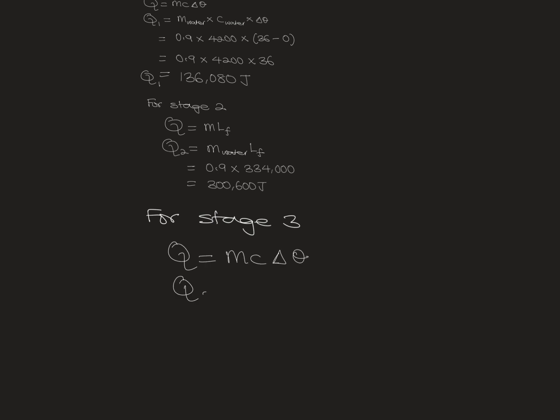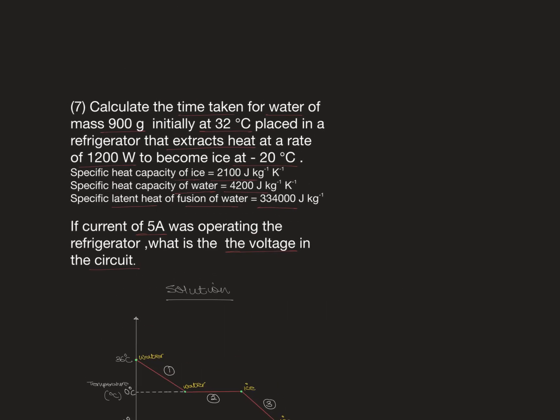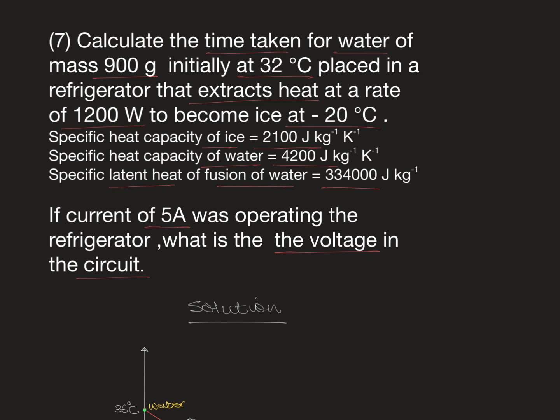So that is to say Q3 is equal to the mass of the ice times the specific heat capacity of ice times the change in temperature. The mass of the ice will be 0.9 kilograms multiplied by the specific heat capacity of the ice, which is given in the question as 2,100 joules per kilogram per Kelvin.